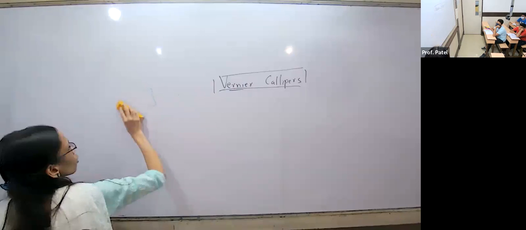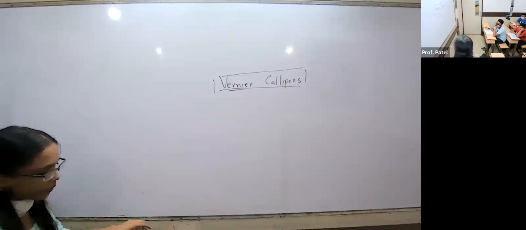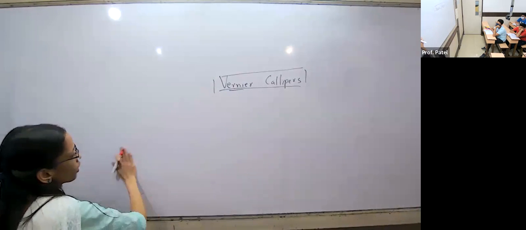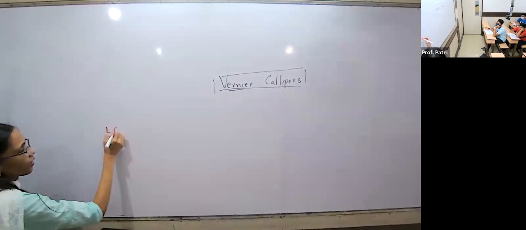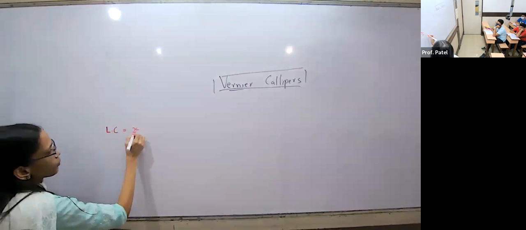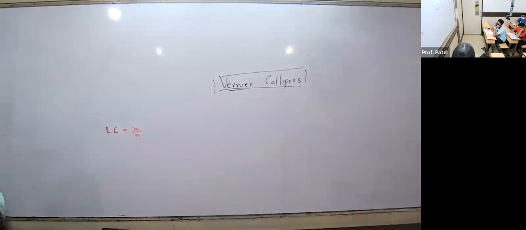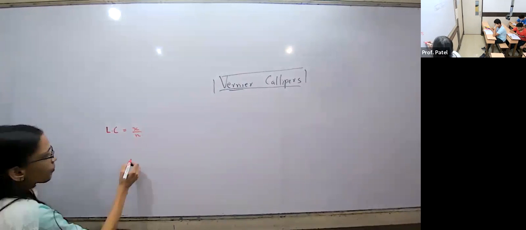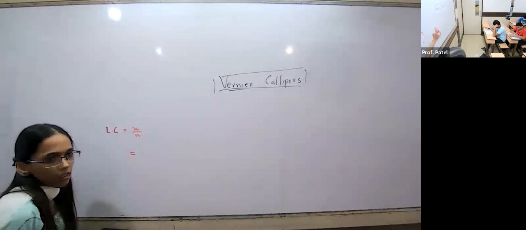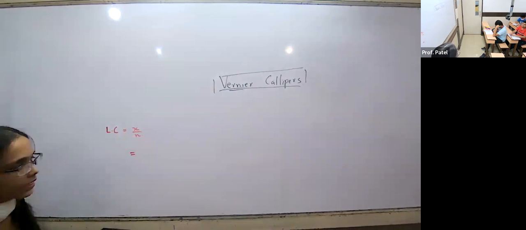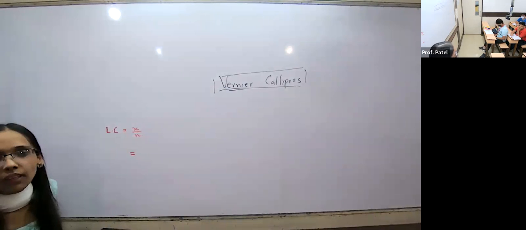So how and why do they do that? The formula goes like this. LC is x by n. That's the formula that they have given. Do you see that? That x is the smallest main scale division.